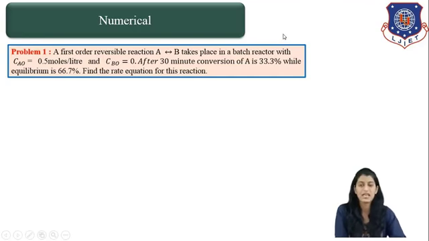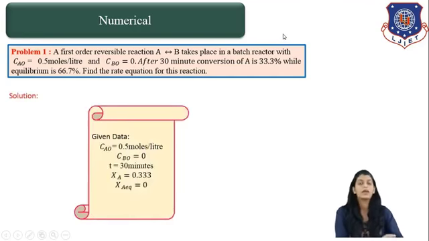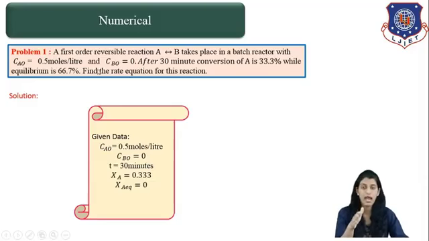So let's start. Let us first write the given conditions and the given data. We are provided with the initial concentration of reactant, which is 0.5 moles per liter, then Cb0, the initial concentration of product, which is 0.